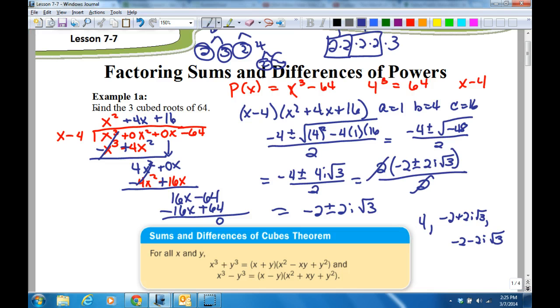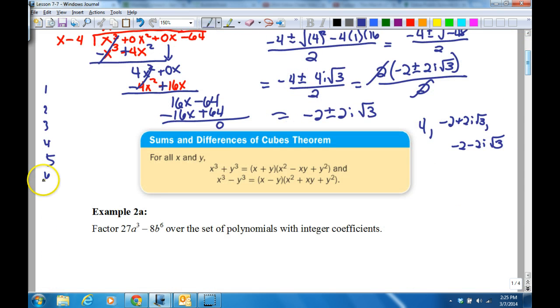So here's what you need to do on this particular assignment today. Go down the side, 1, 2, 3, 4, 5, all the way up to 10. I have a reason for it, trust me.